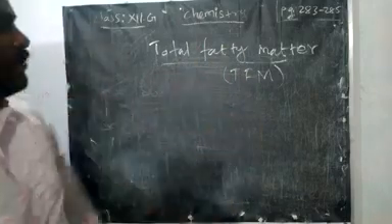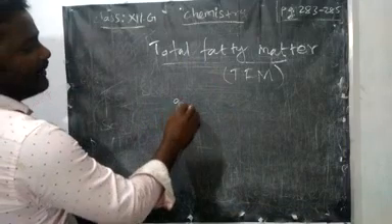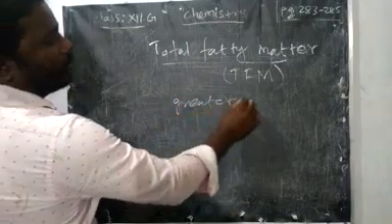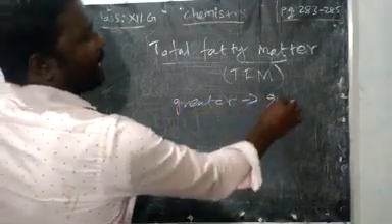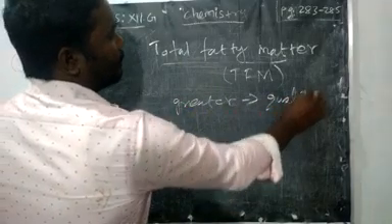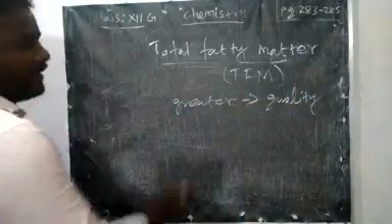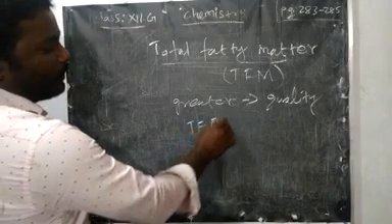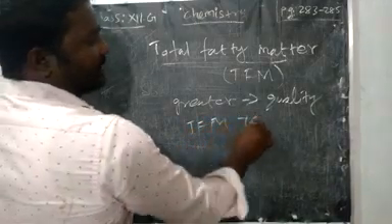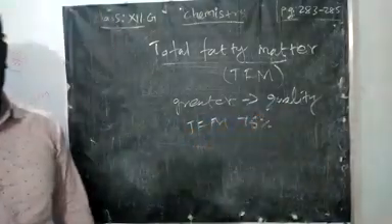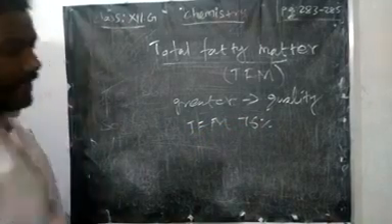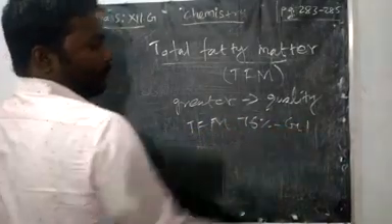The greater the TFM value, the higher the quality of the soap. A low TFM value means low quality. For example, if the TFM value is more than 76%, they are called grade 1 soap.